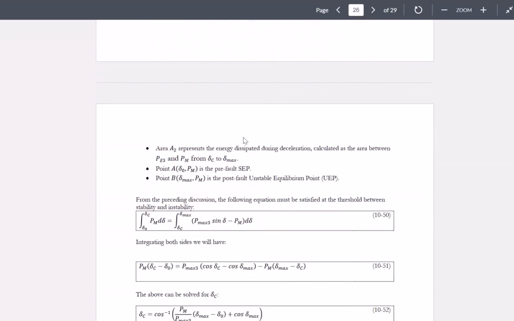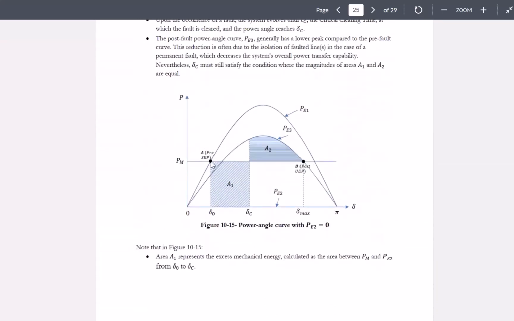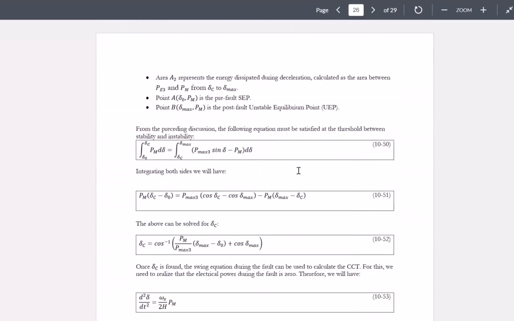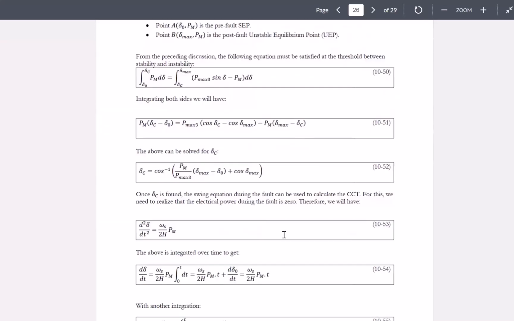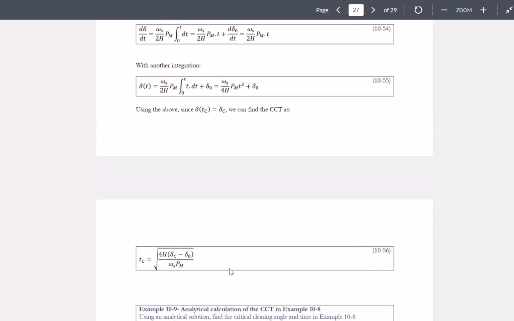And point A is the pre-fault stable equilibrium point. Point B is the post-fault unstable equilibrium point. So consider the areas associated with these 2 points. When you equalize these 2 areas, then you will see that the critical clearing time can be found through this equation 1056.